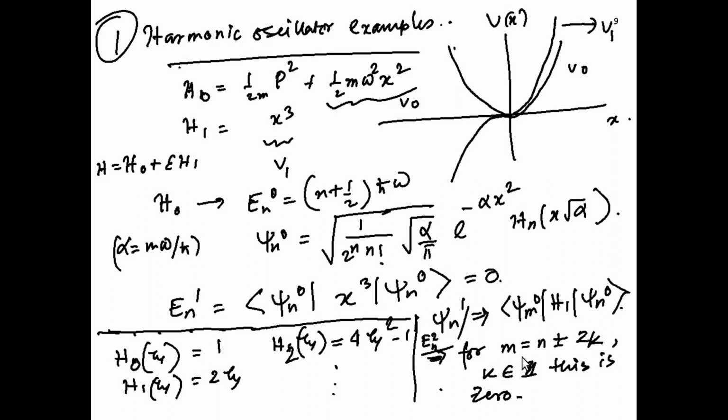You can immediately know that when m is an even integer times 2 away from n, then it is 0. Sorry, those are the only cases when it is 0, and otherwise it is non-zero.